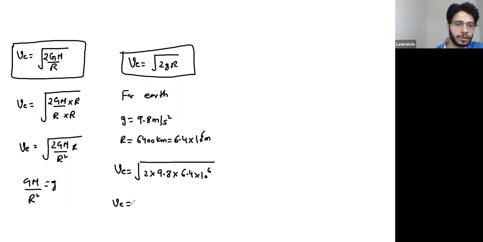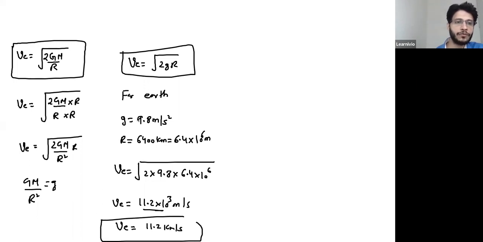When you solve these numbers, it comes out to be 11.2 into 10 raised to power 3 meter per second. You can convert this to kilometer, so that's 11.2 kilometer per second. This is the escape velocity for Earth. So if you want to project a body from Earth to infinity, the velocity that you will provide will be 11.2 kilometer per second.